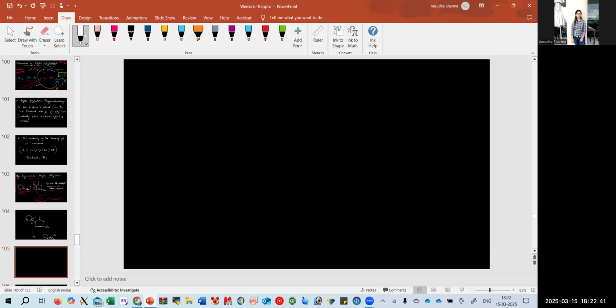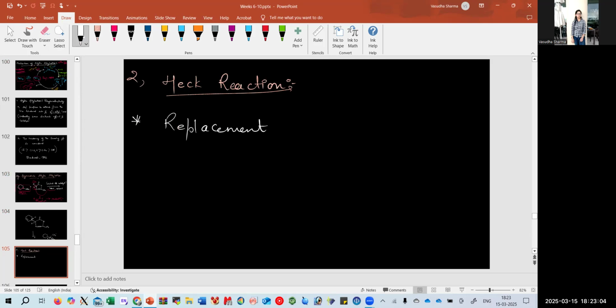Now moving towards your next coupling reaction, which is the Heck reaction. So in the Heck reaction, what we have in hand is the replacement of a vinylic proton. In the earlier reaction, we saw allylic alkylation.